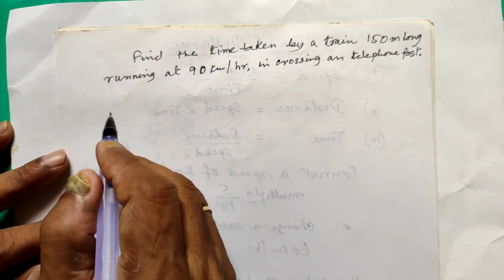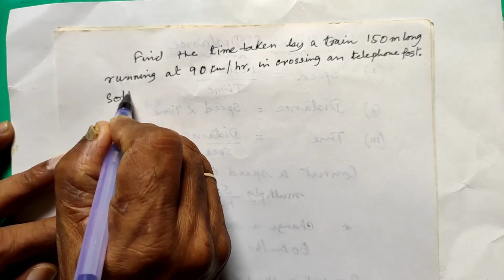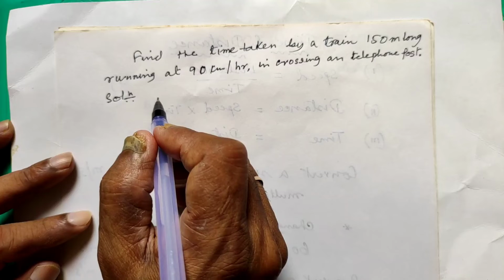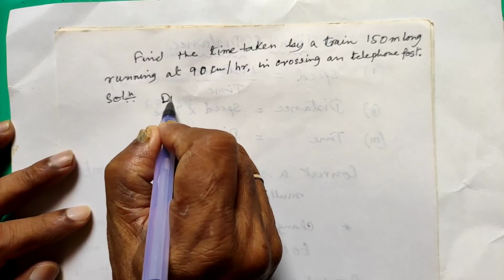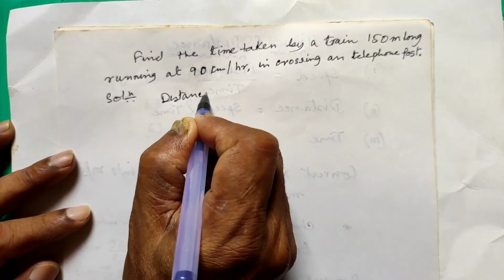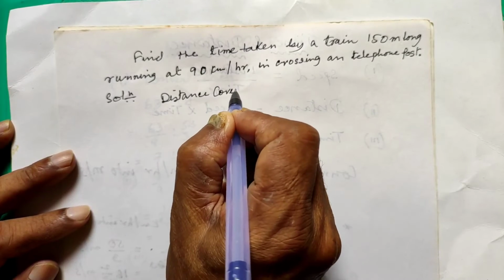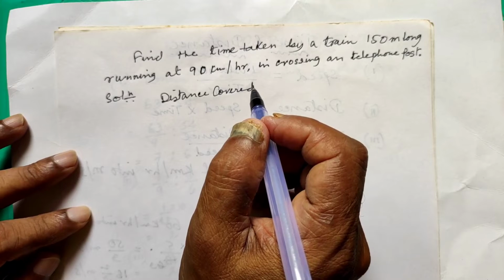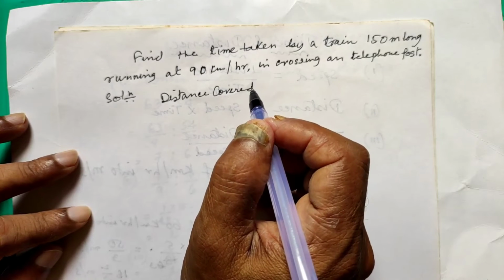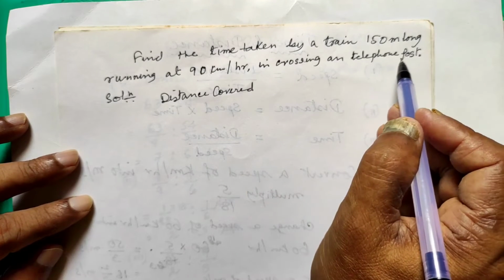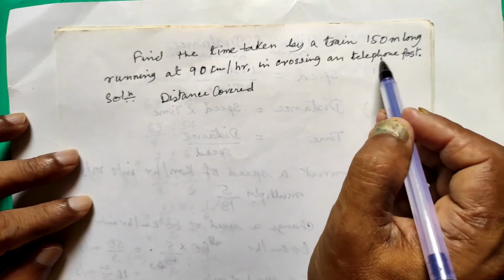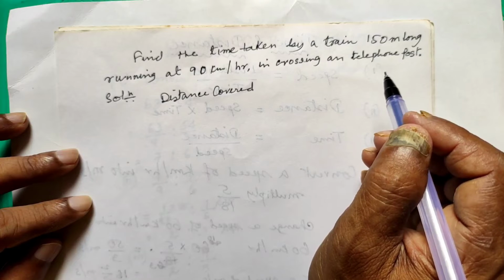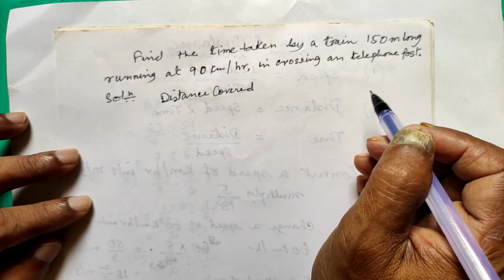So, here remember that when we do the solution, what thing we have to keep in mind, that what distance covered, okay, as the first rule says, in crossing a stationary object like electric post, like telephone post, like electric pole, okay, a train has to cover a distance equal to the length of the train.